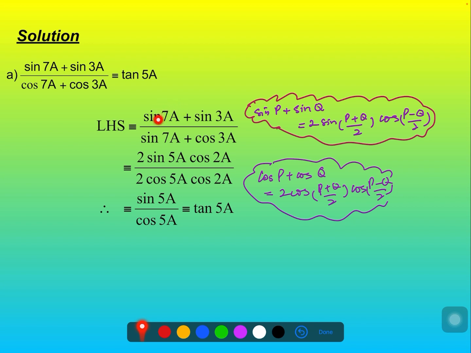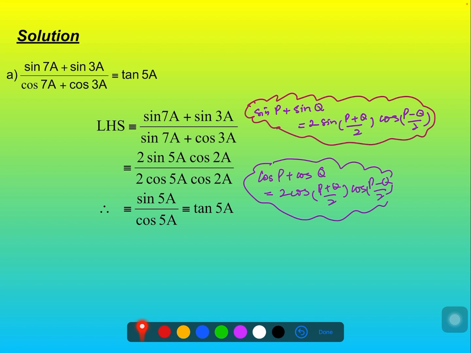So 7a plus 3a, 10a divided by 2, we have 5a. Cos p minus q over 2, 7a minus 3a, we have 4a, 4a divided by 2, we have cos 2a.